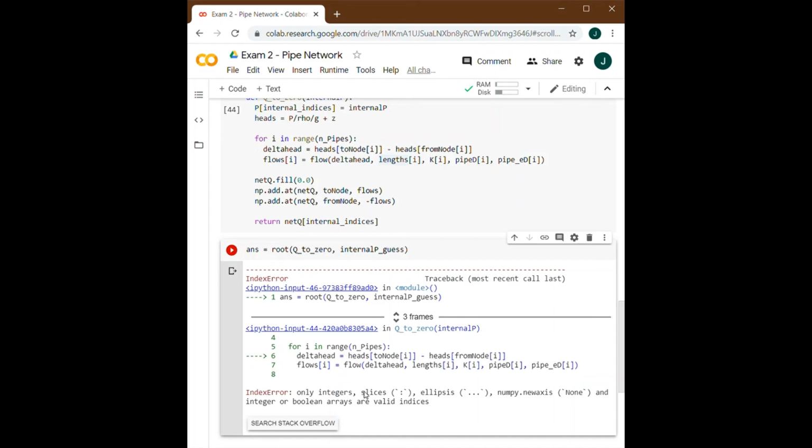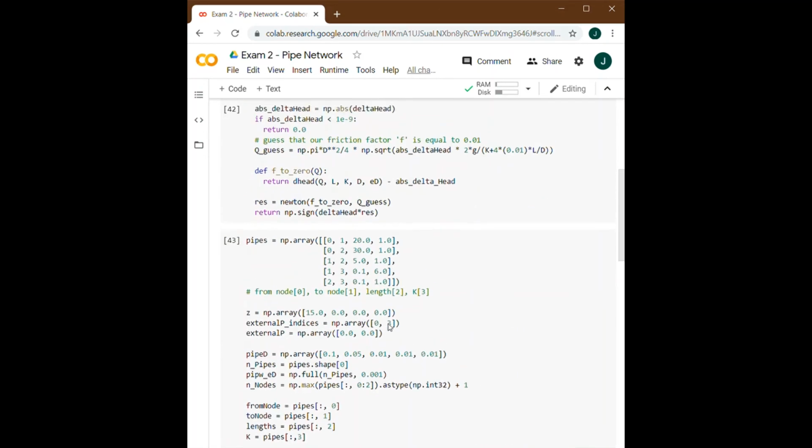So this index here and this one come from this line here, which counts up 1 by 1, and we know that that's an integer. So the problem has to lie with our to node and our from node. We want these to nodes and from nodes as integers.